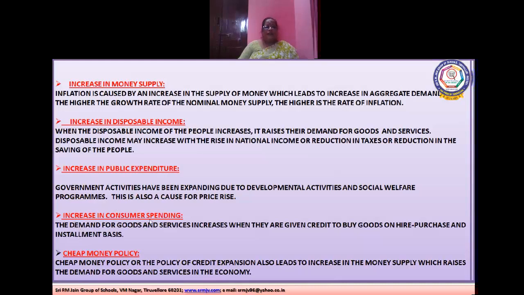Increase in consumer spending. The demand for goods and services increases when people are given credit to buy the goods on hire purchase and installment basis. Cheap money policy. Cheap money policy or the policy of credit expansion also leads to increase in money supply which raises the demand for goods and services in the economy.